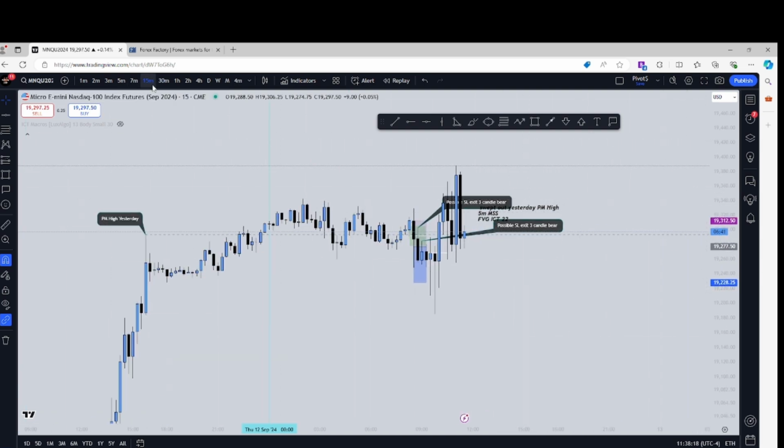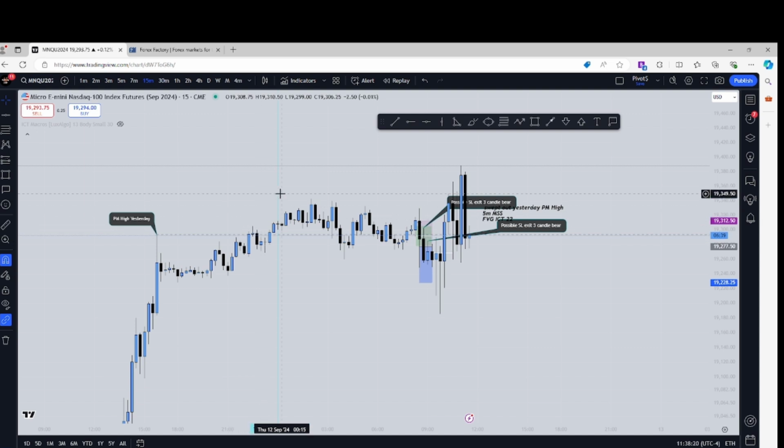I'm on the 15-minute here. This vertical line here, we do have a divider for me from yesterday, which was Wednesday 9/11, and dividing it from September 12th, which is Thursday today.